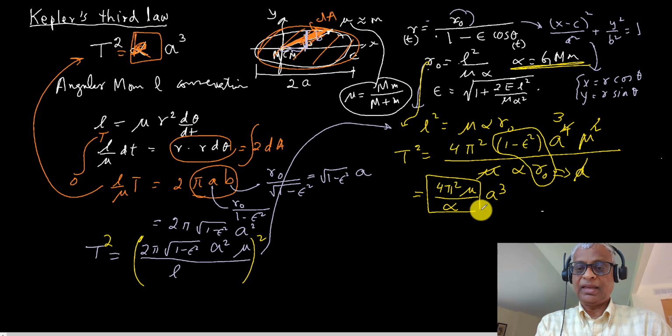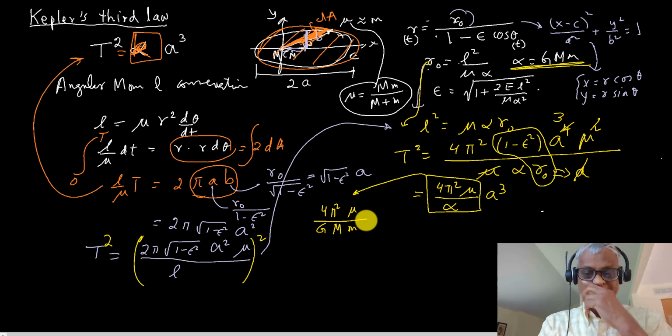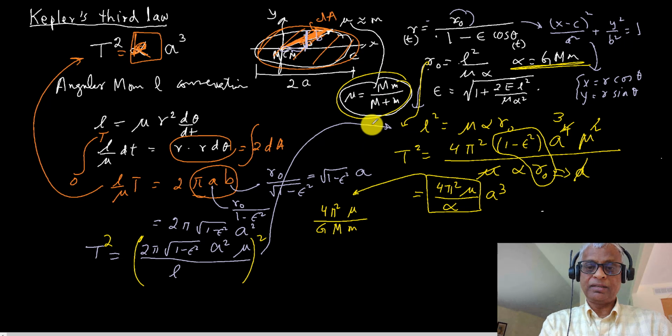So this is the k, which can be written as 4 pi square mu over G M mu. Now mu is this, so you can see mu will cancel this thing, and only this will be left in the denominator. So this will cancel and just make it M plus m in the denominator.